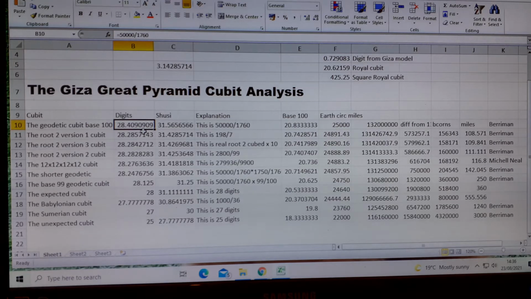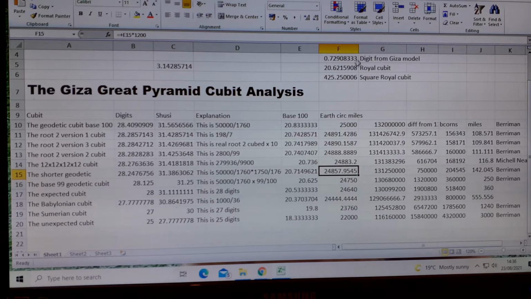Now, there's a big anomaly in Jim's findings with this Shusi, because when he's producing his Earth circumference, it's this one here. Let's just expand that a little bit. It's this one, 248579545. Now, when we use 20.625 as the cubit, we get this for the Earth circumference, which is not the same, even though that is designed using the Egyptian digit.